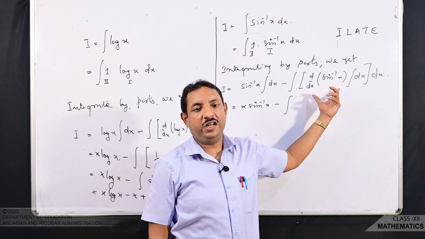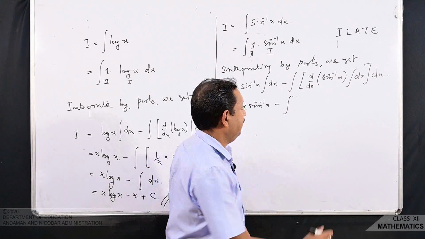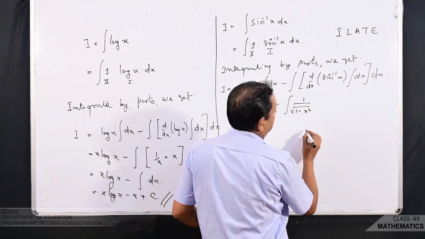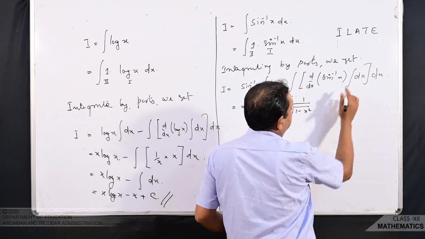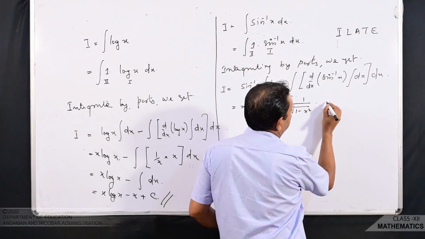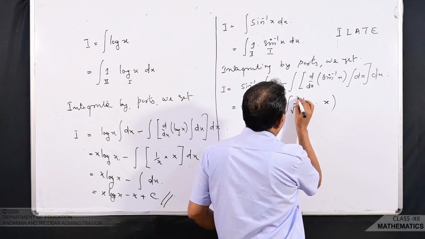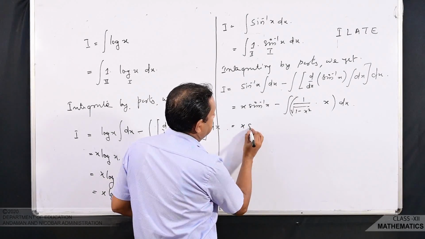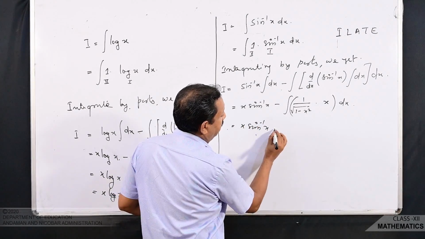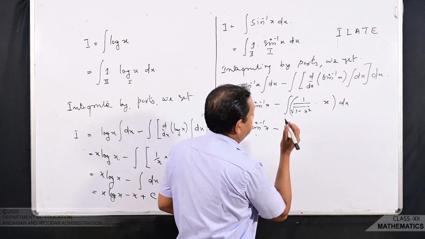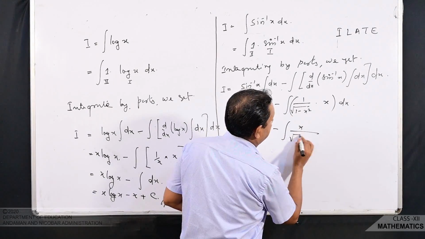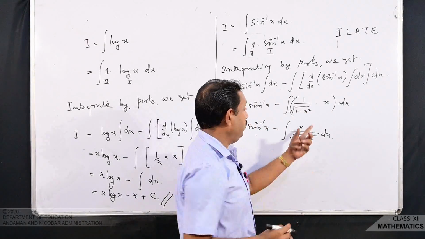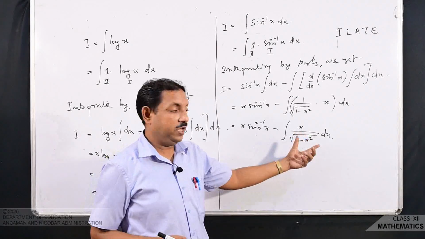I think it is very clear to you all that the derivative of sine inverse x is 1 upon under root of 1 minus x square, and into this is x. So overall, this equals x sine inverse of x minus the integration of x upon under root of 1 minus x square dx. Now you have to perform the integration of this one separately.